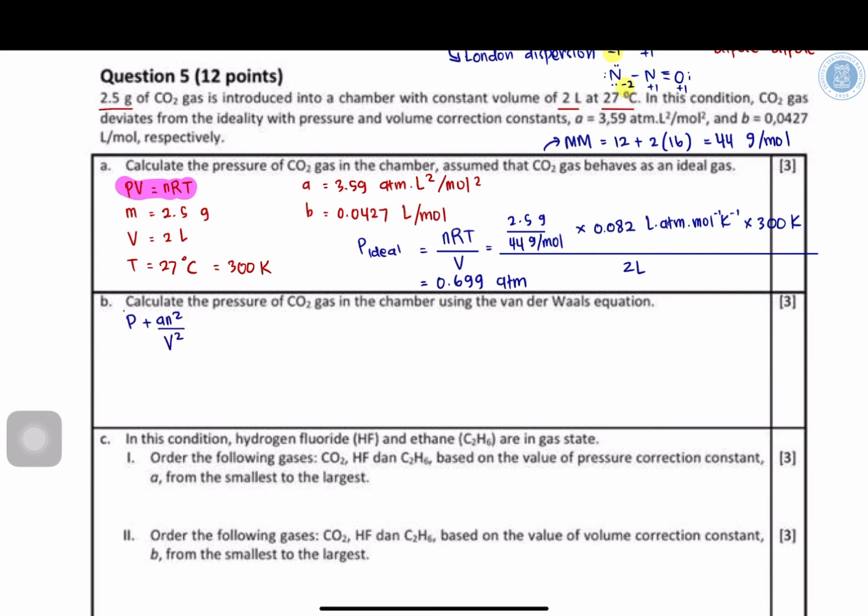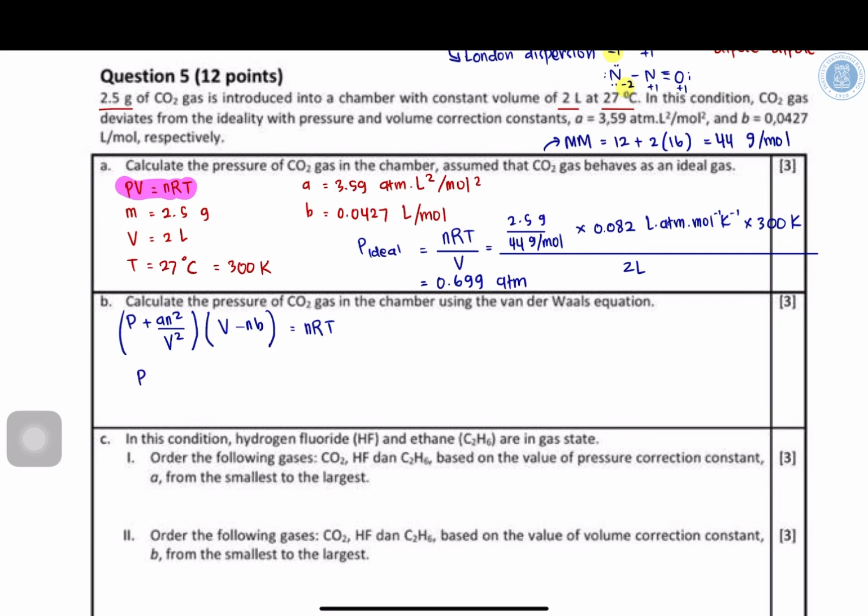This is for the P, and then the next one is the volume, which is also corrected, and the other one is the same, so nRT. Now if we rearrange this formula, then we will have P equals nRT divided by the volume minus nb.